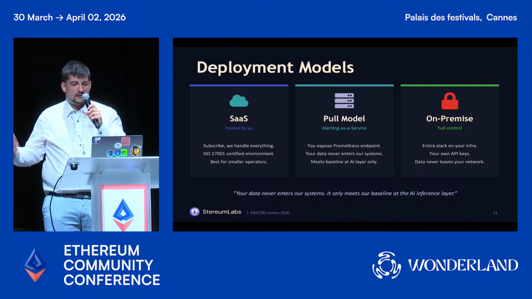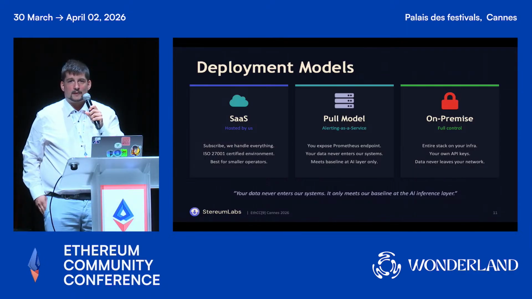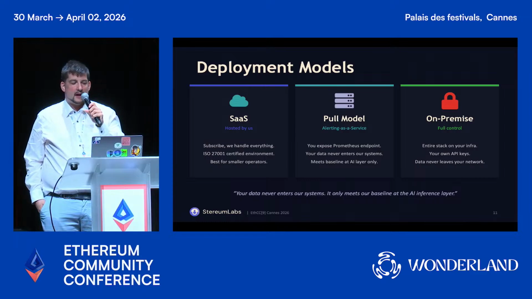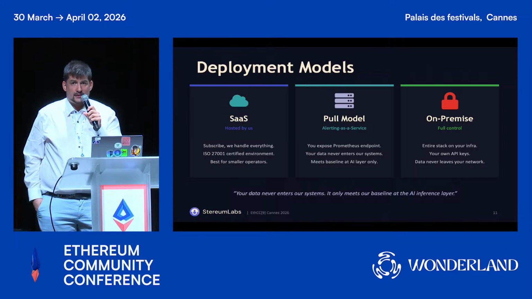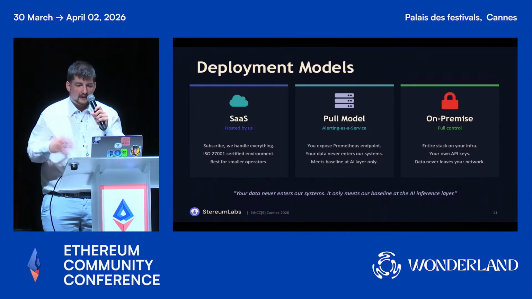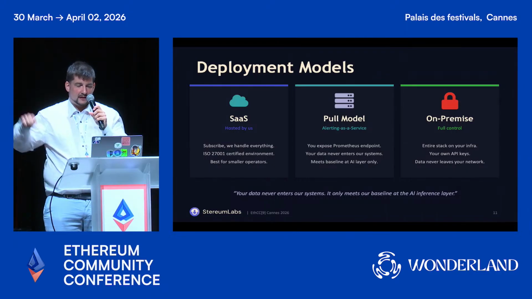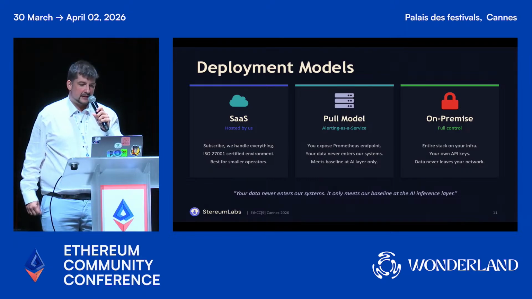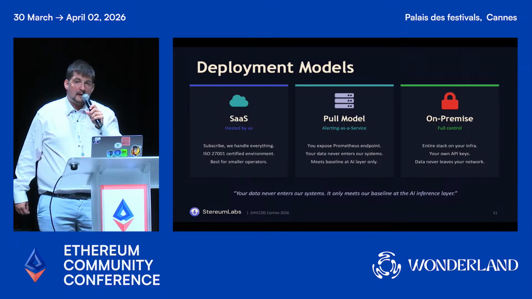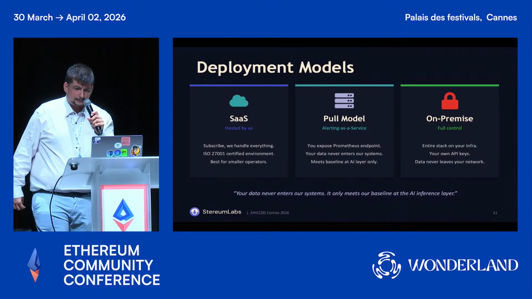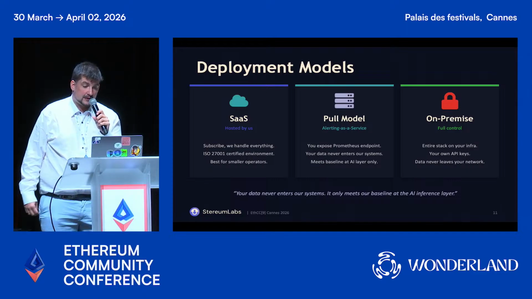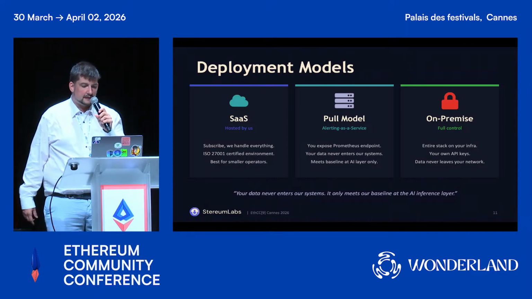Of course, one option is to have it as software as a service, as a platform. I think that's right for researchers or for small node operators who want to come. I will tell you later about how you can onboard. But there is also a pull model, and maybe I have to emphasize that we are ISO certified, so it's very safe.